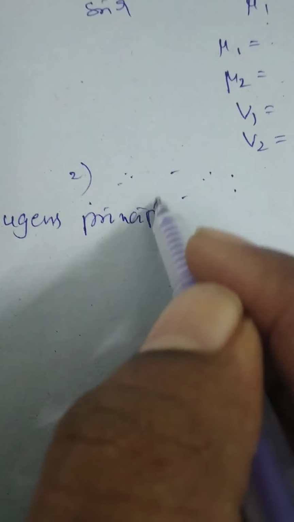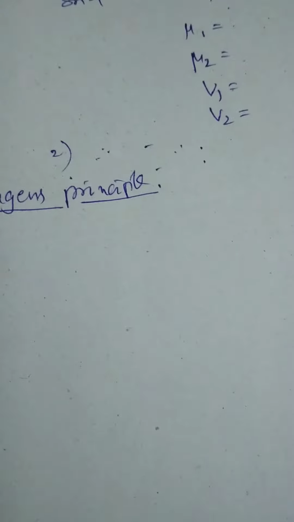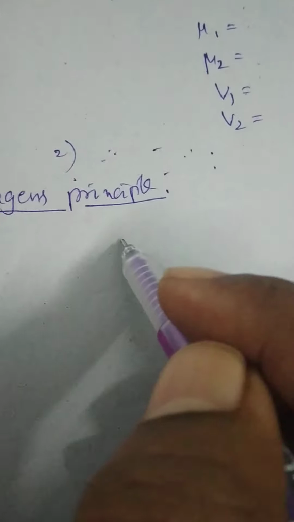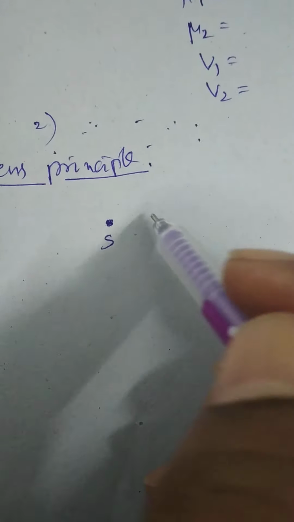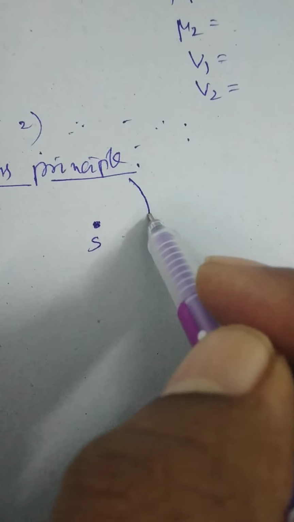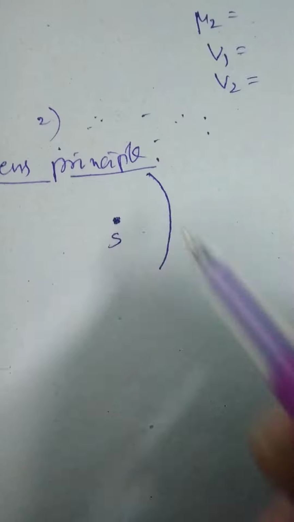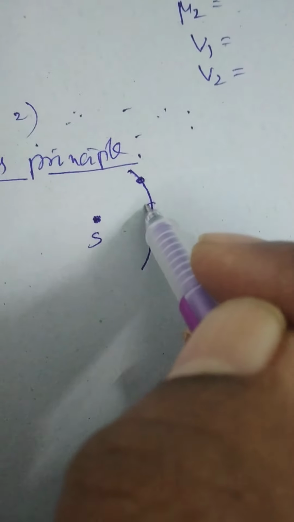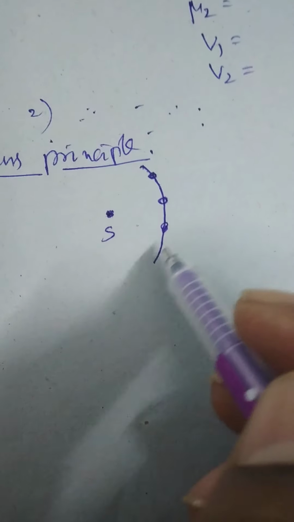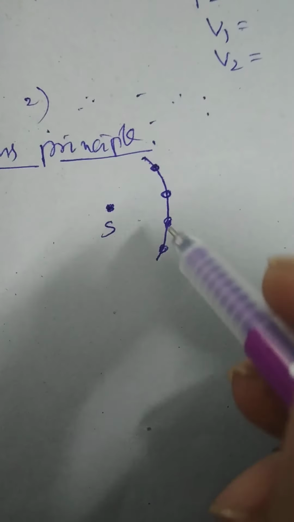According to Huygens principle, S is a point source and this is the primary wavefront which is emitted from the source. Each and every point on the primary wavefront acts as the source of secondary waves.